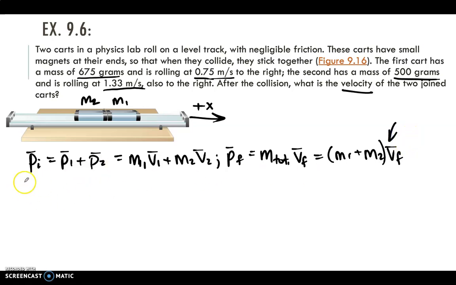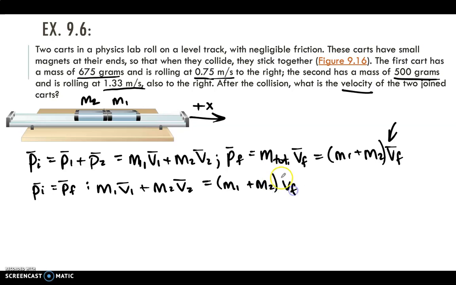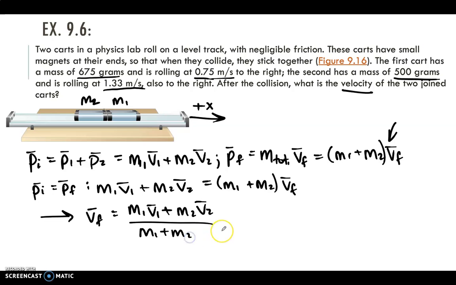We're going to say P sub I is equal to P sub F. M1 V1 plus M2 V2 is equal to M1 plus M2 times V sub F. Then we can solve: V sub F is equal to M1 V1 plus M2 V2 over M1 plus M2.